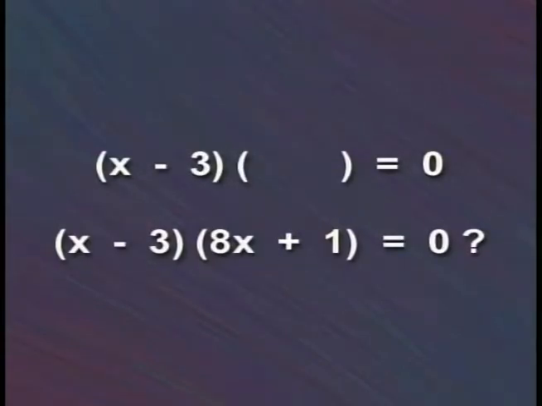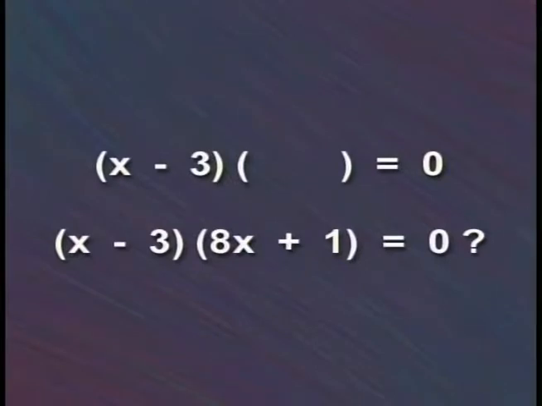For instance, let's try option F. Let x minus 3 be one factor. Then the other factor would have to be 8x plus 1 to get 8x squared and minus 3. But does this work? No, it doesn't, because the middle term is negative 23x and not plus 2x.